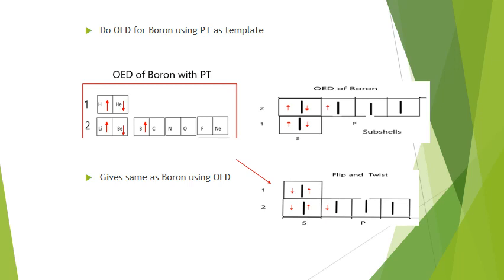So we just flip this upside down, and we get this right here. You can see it's exactly the same as up here. So it has 2 here, 2 here, 2 here, and 1 here, 2 here, 2 here, and 1 here. So does the periodic table match the orbital energy diagram?